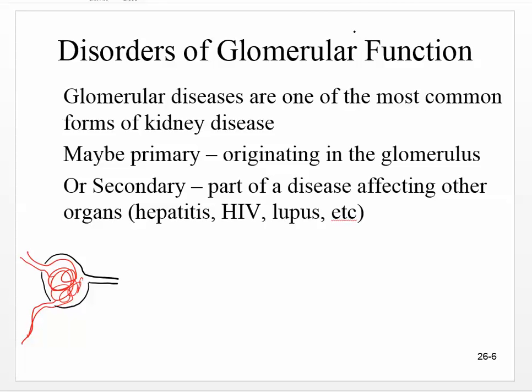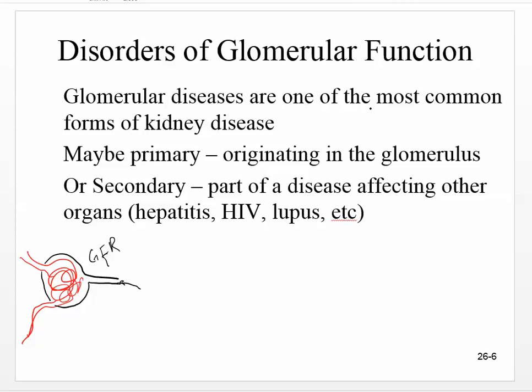And of course, if you're talking about disorders of glomerular function, you're going to be talking about filtration and how quickly or slowly filtration happens, which means a lot of that's going to affect GFR. If you have backflow or something like that, that can affect GFR too. So GFR is affected a lot of times, but it's especially affected with glomerular function.